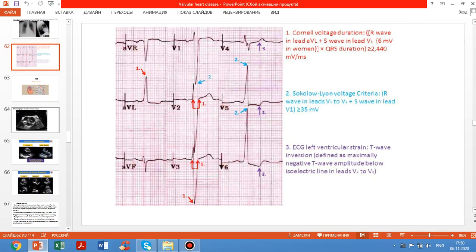You can see signs of left ventricular hypertrophy: high R wave in aVL, in V5 and V6 leads, and deep S waves in the first, second, and third leads. Also, you can see deep S waves in aVF.